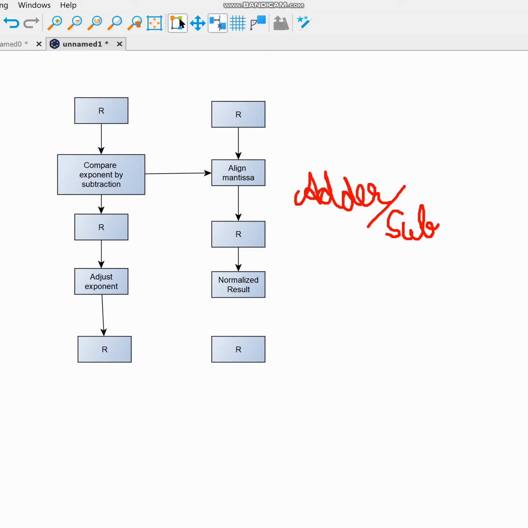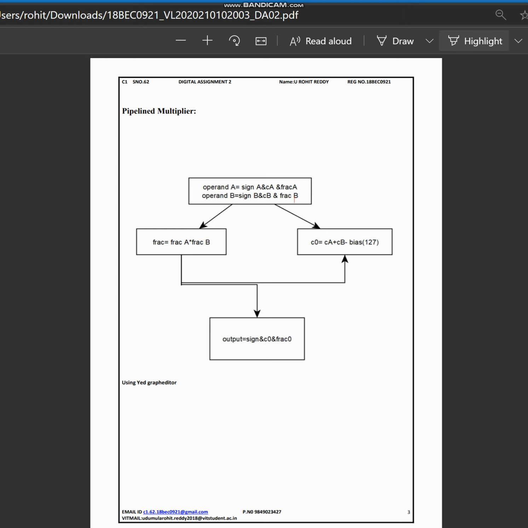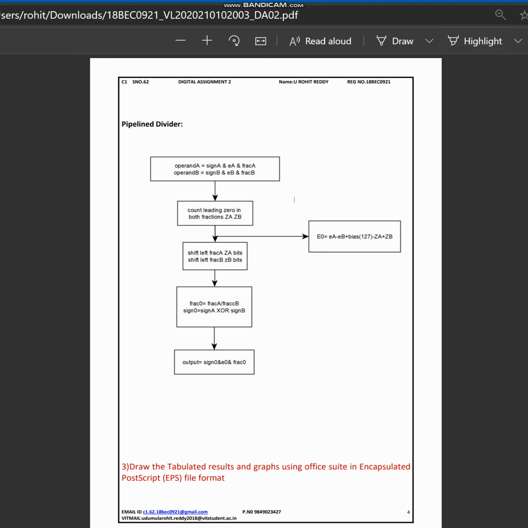So as you can see, this is the pipelined adder and subtractor. In the same way, I have drawn the pipeline multiplier and also the pipeline divider using YED graph editor.